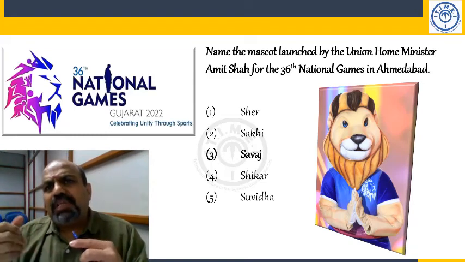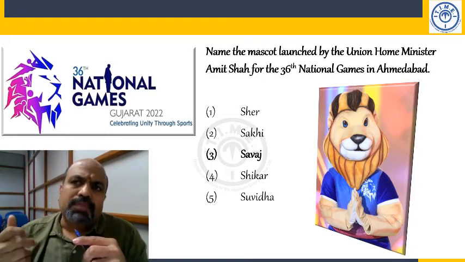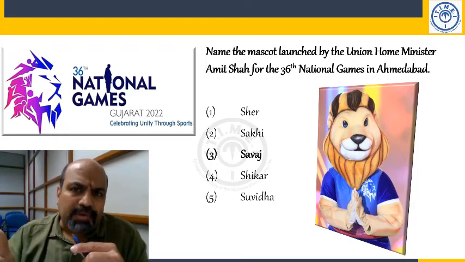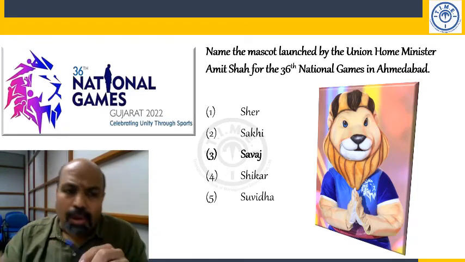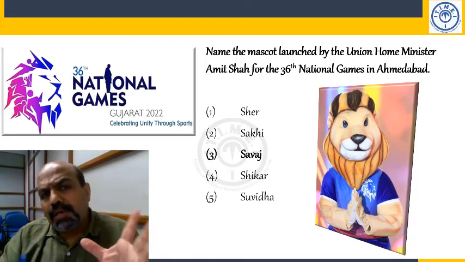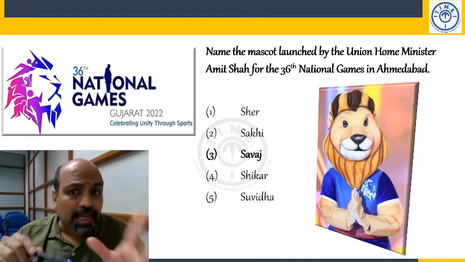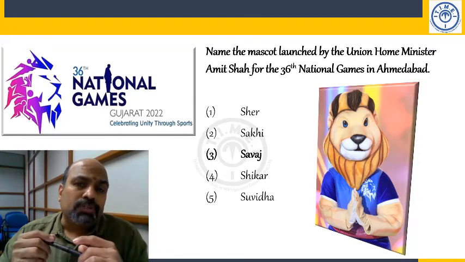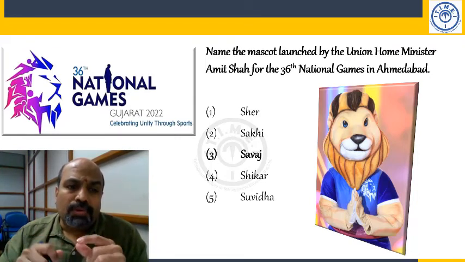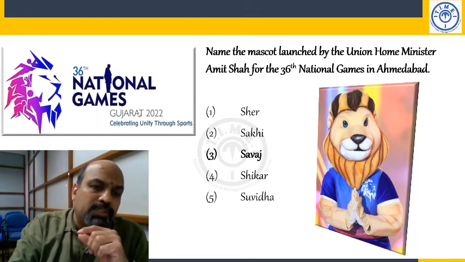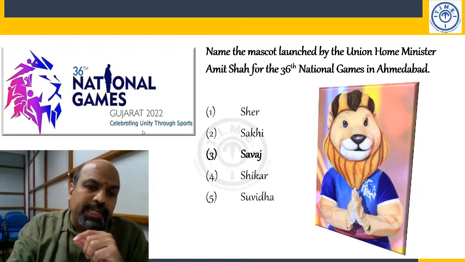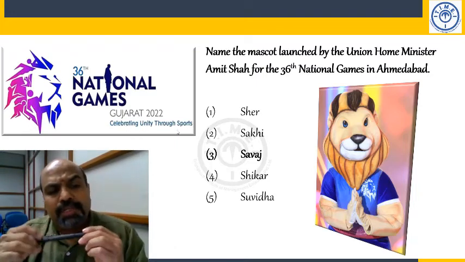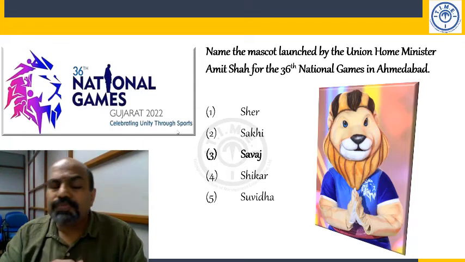In Gujarat, there will be Rajkot, Ahmedabad, Surat, Bhavnagar, Porbandar. A lot of these places will be the venues, not just Ahmedabad. Then write Motto. Motto is mentioned here, just below the word Gujarat. Celebrating unity through sports.